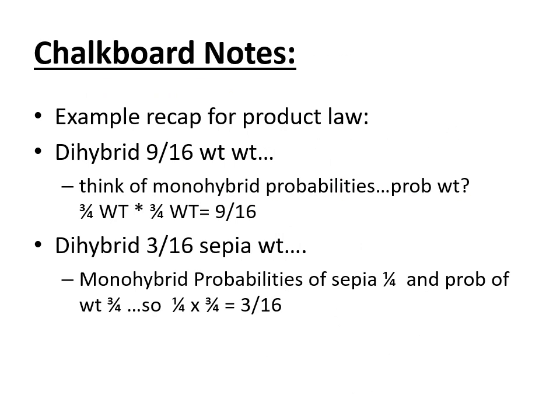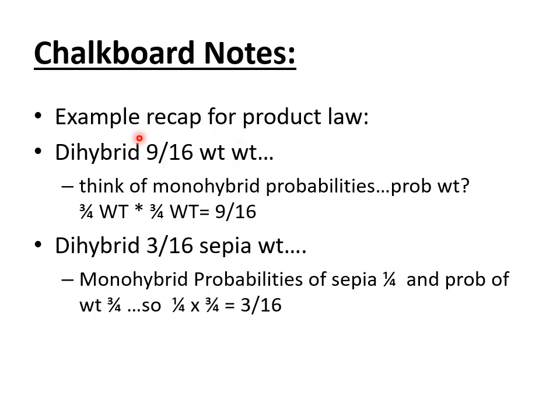So now here you see an example of using the product law for the dihybrid cross. We did the dihybrid cross in the big Punnett square example, so you know that 9/16 of the offspring are expected to be fully wild type.